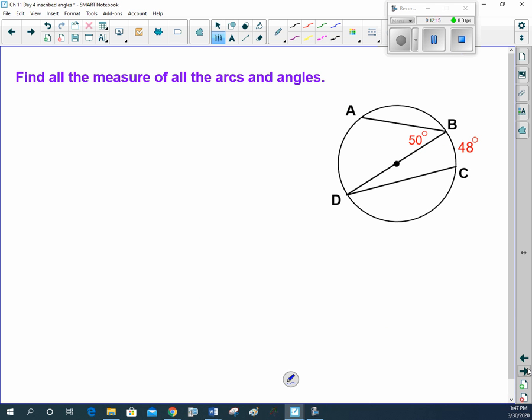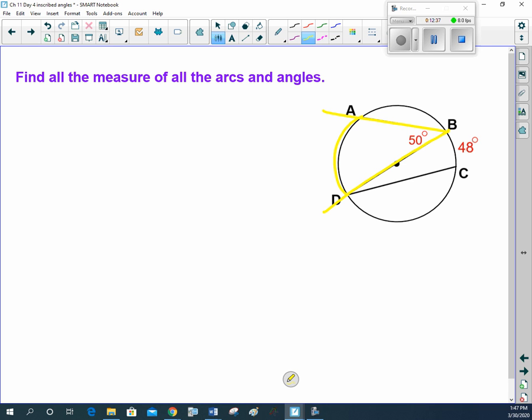So here we go. We're going to put all the measures in that we can figure out given the information. I'm looking at this one right here, and I can see that 50 degrees is an inscribed angle. It intercepts this arc right here. So this arc measure is not 50 degrees. It's not a central angle.